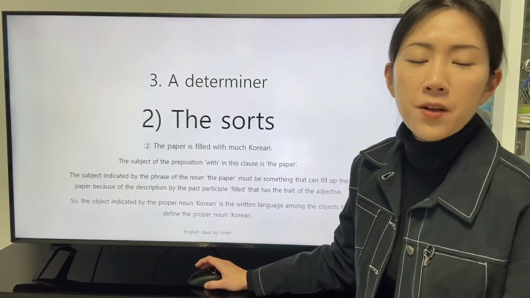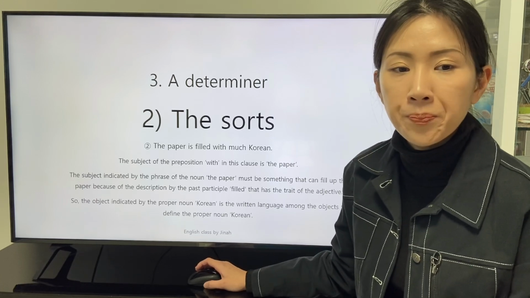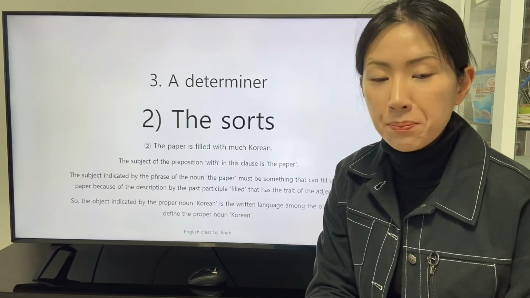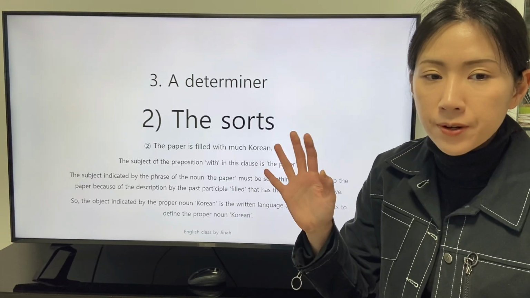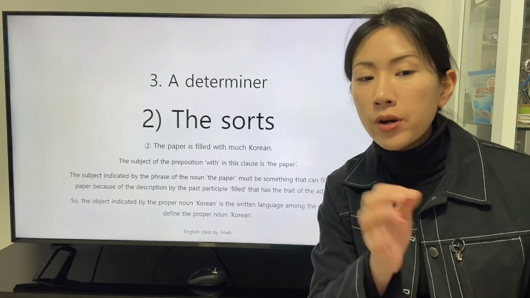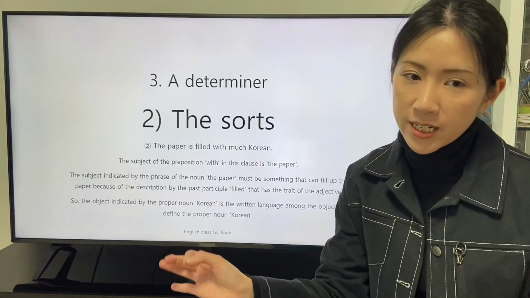The subject of the preposition with in this clause is the paper. The subject indicated by the phrase of the noun the paper must be something that can fill up with the paper because of the description by the past participle filled that has the trait of the adjective.